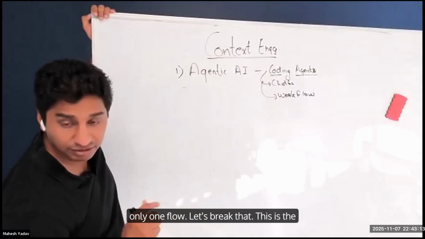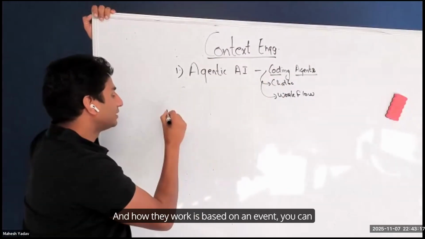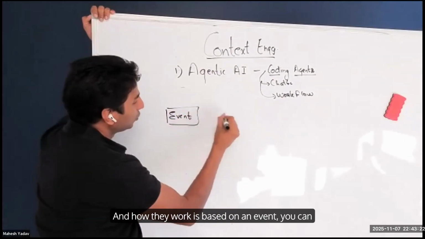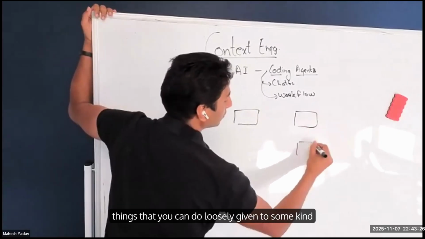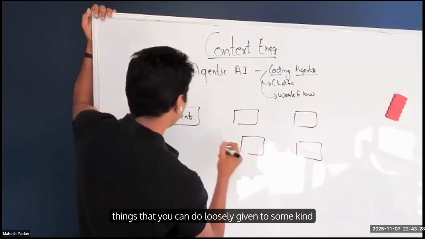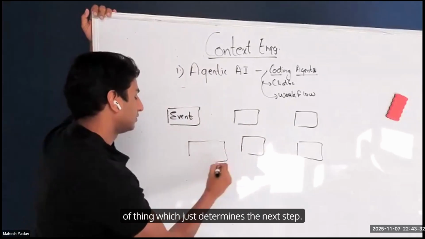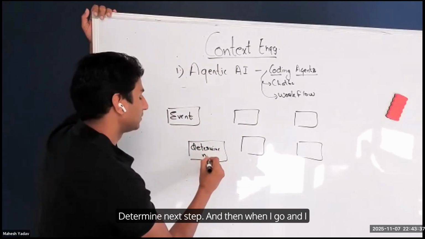Let's break that. This is the first time these coding agents are able to break it. And how they work is, based on an event, you can have different blocks of code or different things that you can do, loosely given to some kind of thing which just determines the next step. Determine next step.